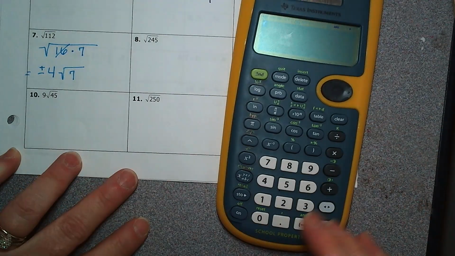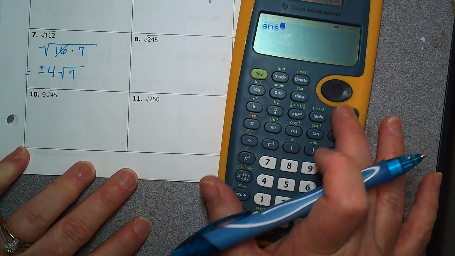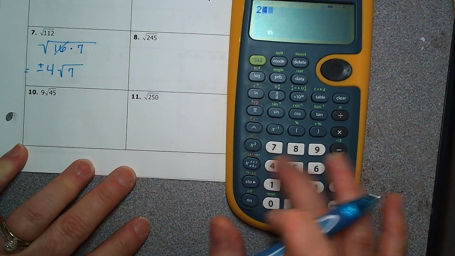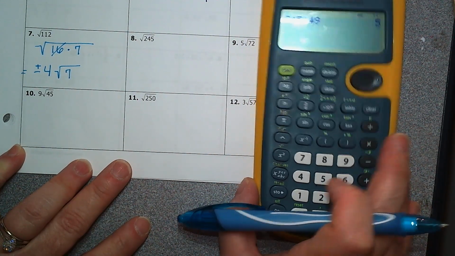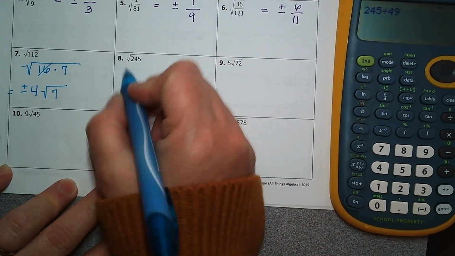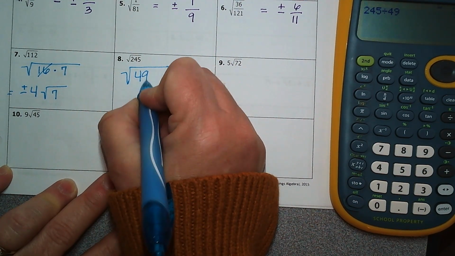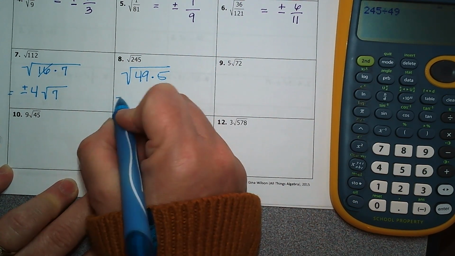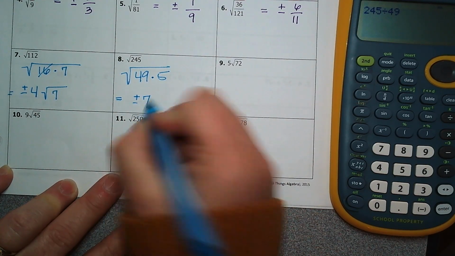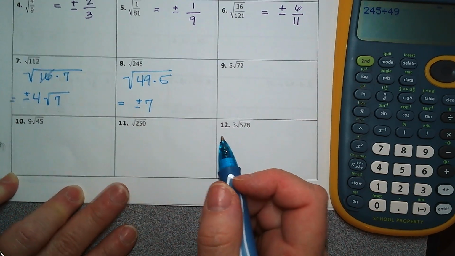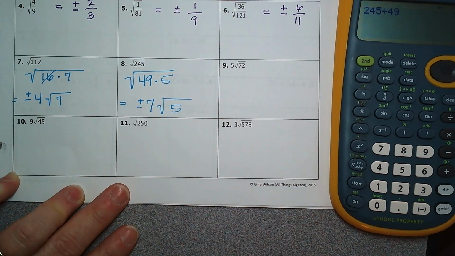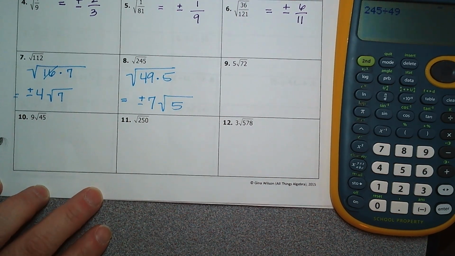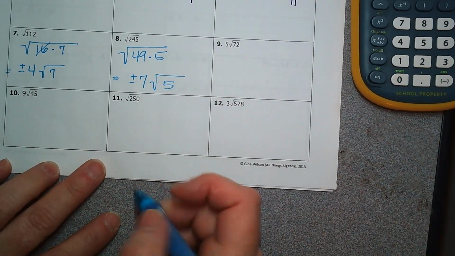What about 245? 49 and 5. Take the square root of 49. That is 7. That comes out from underneath the radical, and the 5 stays underneath. A radical is just like any other operation symbol.